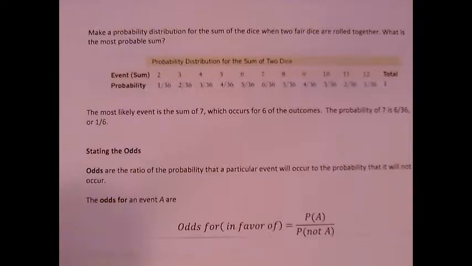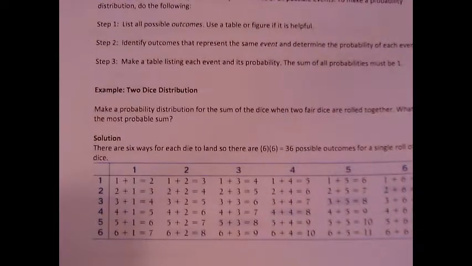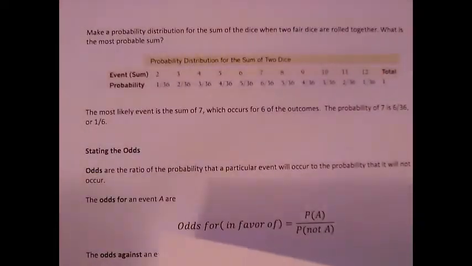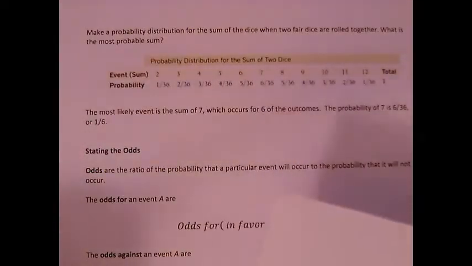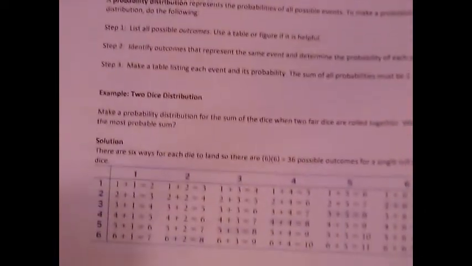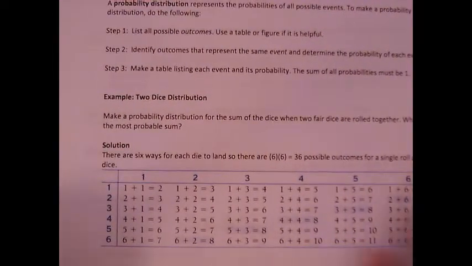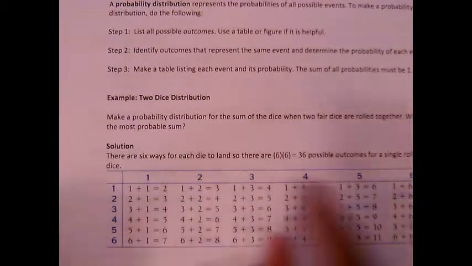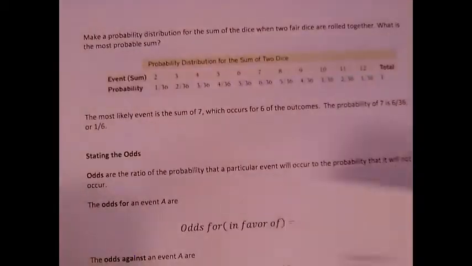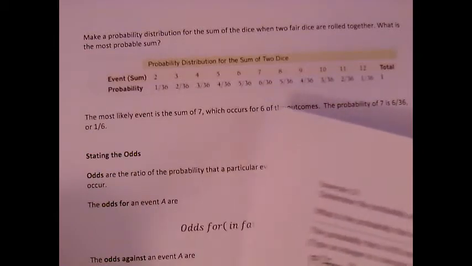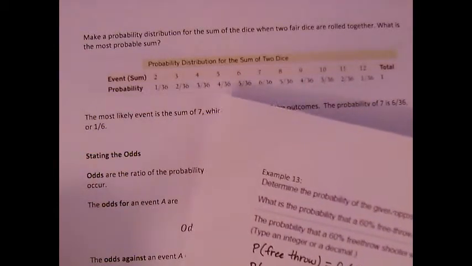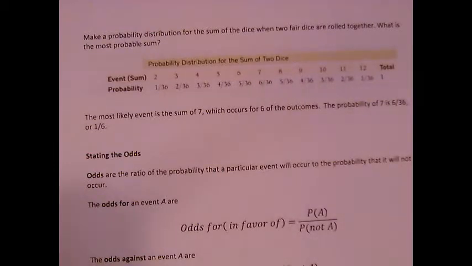For 2, there's only one possible way out of 36, and that's the 1 and the 1. For the roll of 3, there are only 2 possible ways: a 1 and a 2, and a 2 and a 1, as you can see. And we carry that on all the way out here, just count up how many ways to get a 4, how many ways to get a 5, and so on.